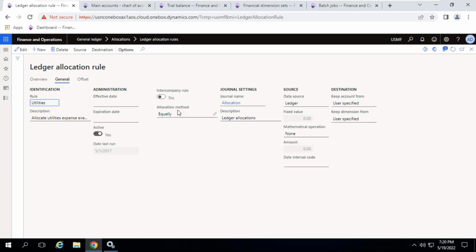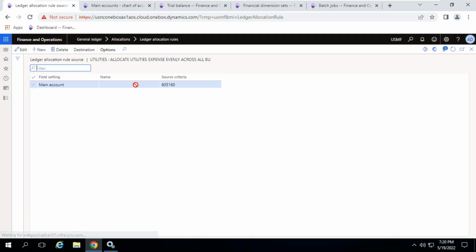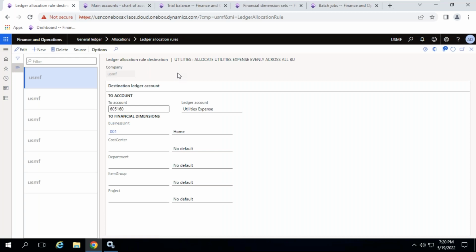For equal distribution, you enter source 1 and for the destination you do not mention any percentage. If you enter 6 combinations in total, then it will be divided by 6. If you enter 5, it is divided by 5. If you enter 4, it will be 4. You will not have the option to select percentage. Understood? This is equally distributed.